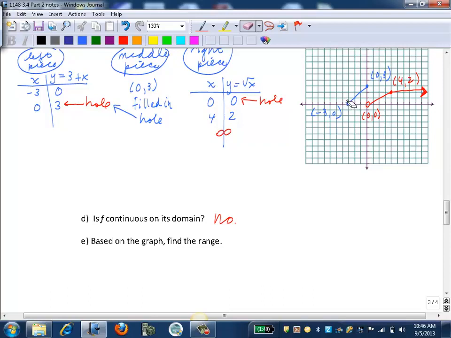I will include it, so I can put a bracket 0. And then as I trace up, this piece would stop at a y value of 3, but remember this arrow means this continues infinitely, and we know that a square root graph gets higher and higher. This pattern extends, so there's actually no limit on its range here. It just goes higher and higher, so we know that our range will be from 0 to infinity.